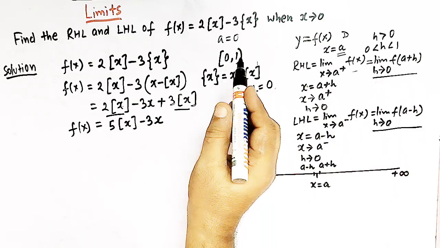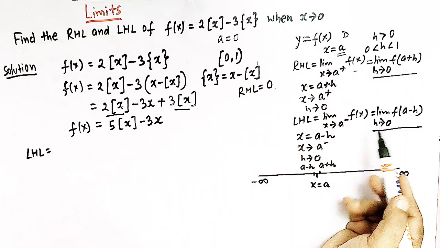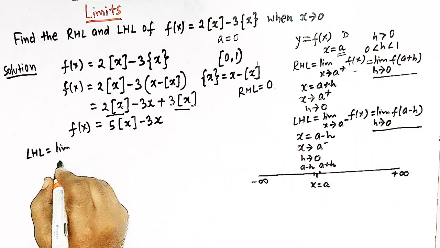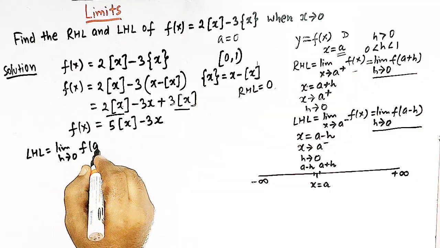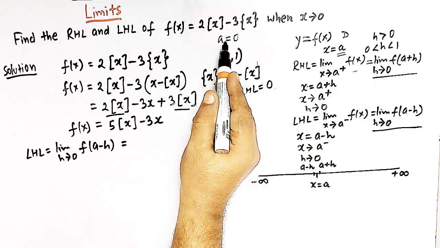Now let us find the left hand limit, and the notation for the left hand limit is limit h tends to 0, f of a minus h. Here a is equal to 0.